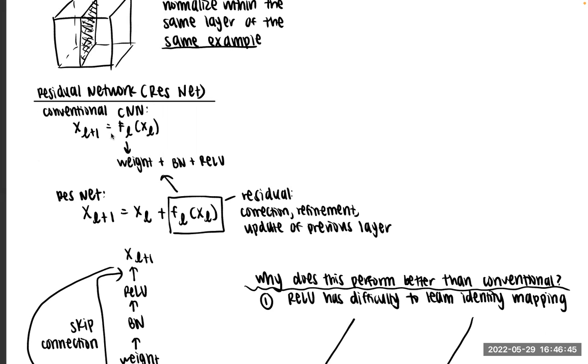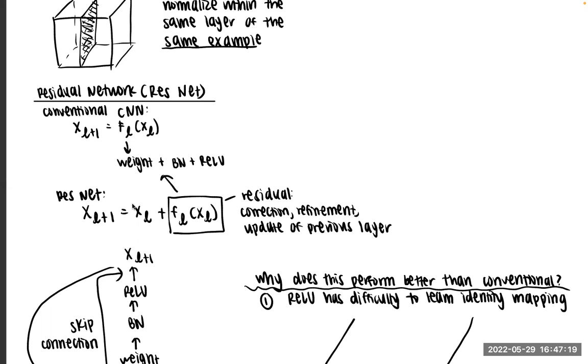So this is a conventional CNN, and you can use as many layers as you can afford, as long as you can train the model reliably. But the ResNet uses a different parameterization. It parameterizes capital F sub L to be XL plus small f sub L of XL. This small f is a parameterization of the neural network with a weight layer and batch normalization and ReLU.